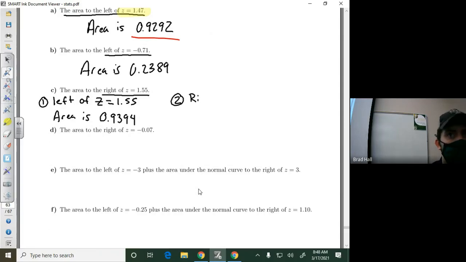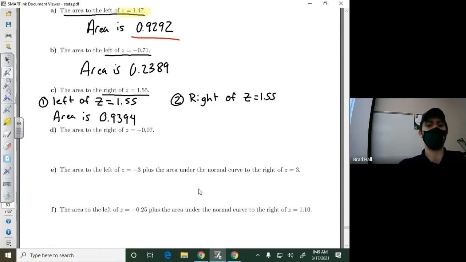You subtract that from 1. Yes, that's it. You subtract that from 1. That's the complement. So the right of this value, basically what you found is, all right, see, this is how we're utilizing that the area is 1 that we stated in the last section.